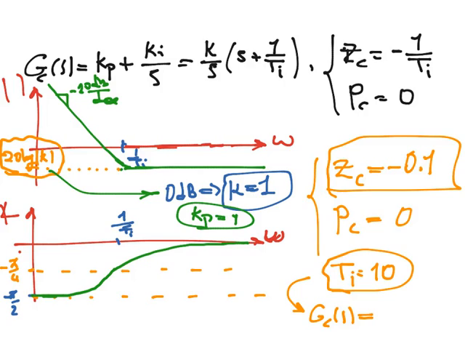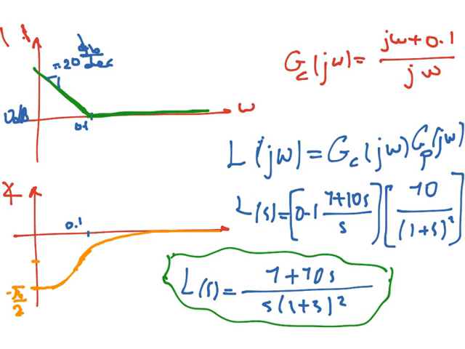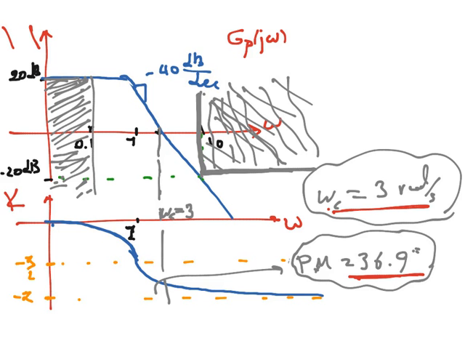Afterwards, after 0.1, since we are adding 0 dB to the amplitude, we will have exactly whatever we have here in this section of the Bode plot for the G_P.